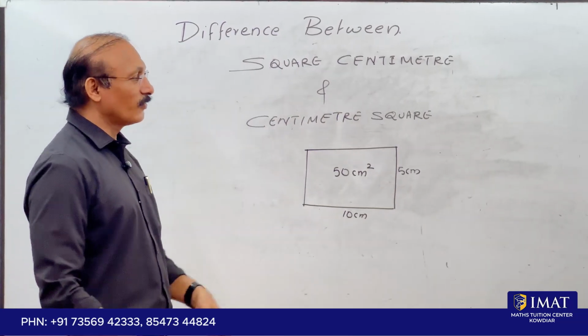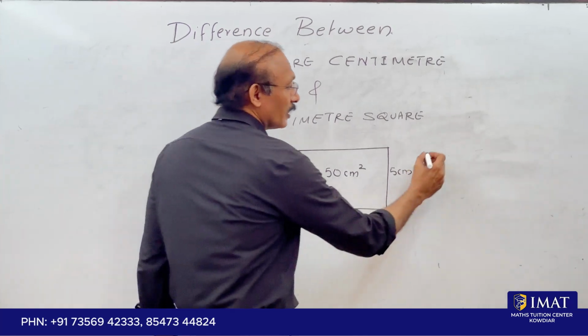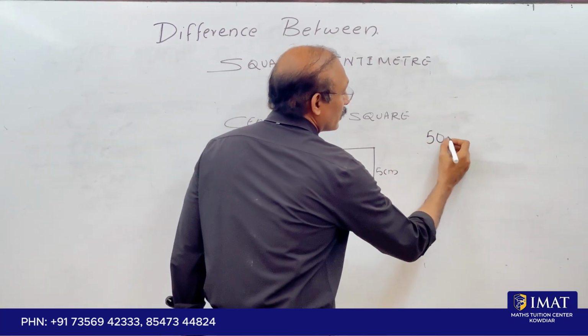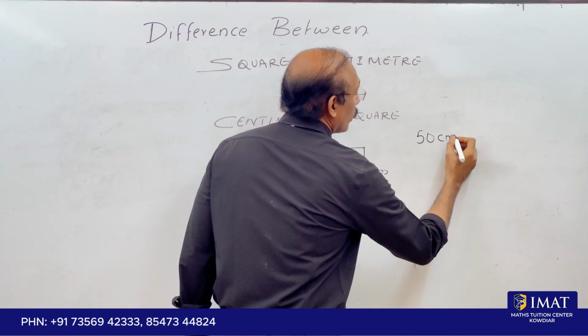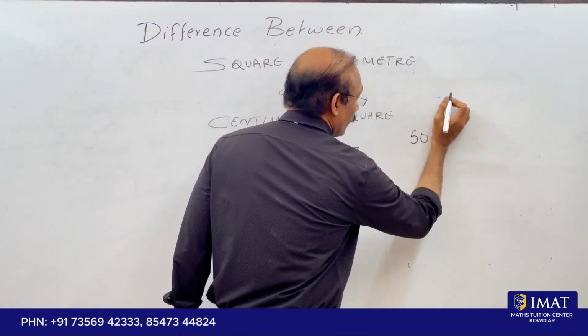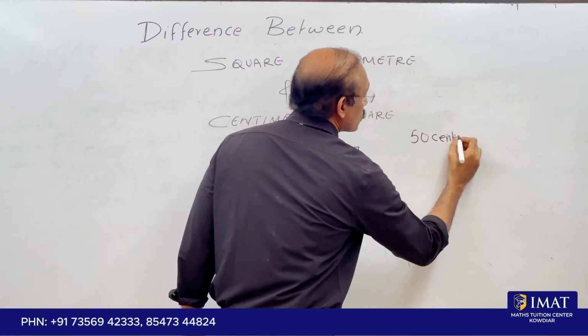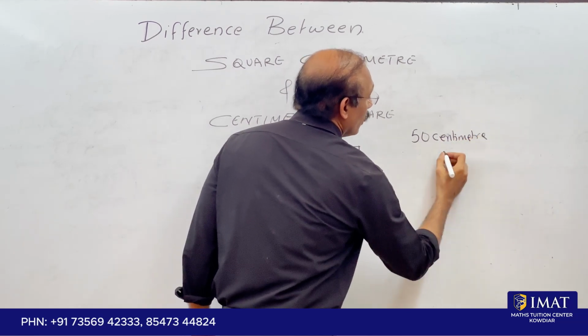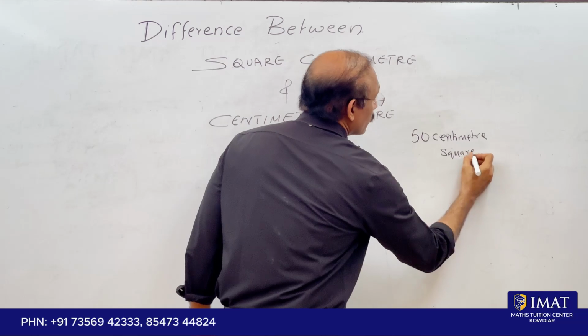What do you mean by saying 50 square centimeter? I'll first explain what 50 centimeter square is. I'll write 50 centimeter square, and I'll tell you the difference between the two.